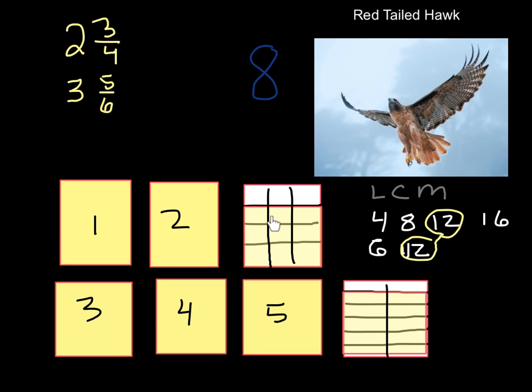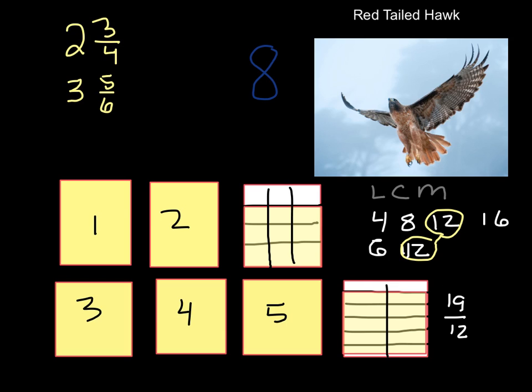So I've got 1, 2, 3, 4, 5, 6, 7, 8, 9, 10, 11, 12, 13, 14, 15, 16, 17, 18, 19. So I have 19 twelfths. Now, this number here is top heavy, and that means the numerator is bigger than the denominator. So we call that either top heavy or an improper fraction.